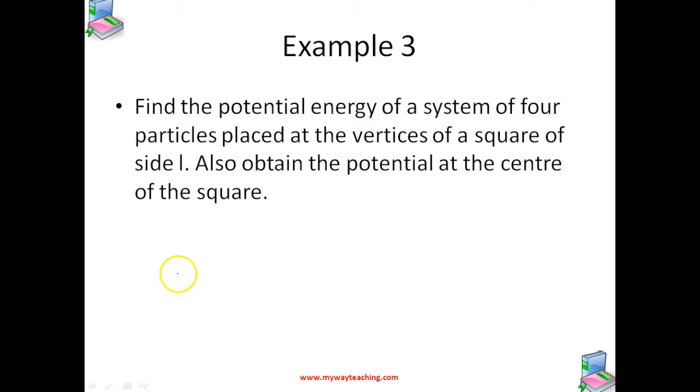Now let us solve a very simple problem. Find the potential energy of a system of four particles which are placed at the vertices of a square of side L, and obtain the potential at the center of the square.